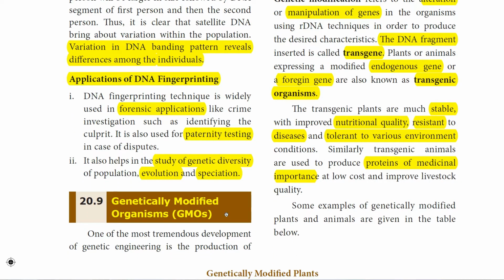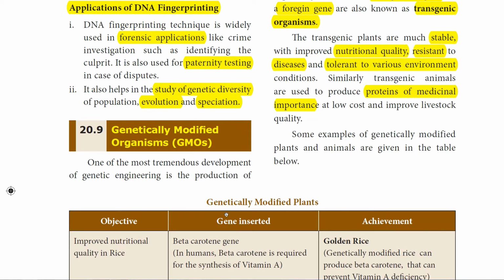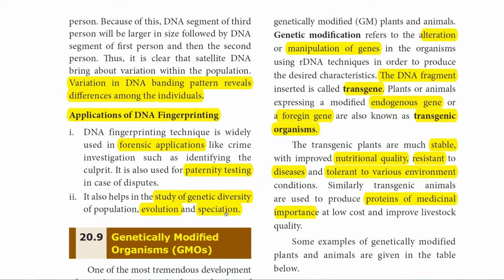Now, genetically modified organisms or GMOs. GMOs are the most tremendous development of genetic engineering, through which many GMOs have been developed in plants and animals. Gene modification refers to the alteration or manipulation of genes.